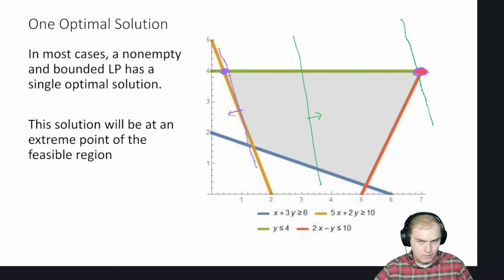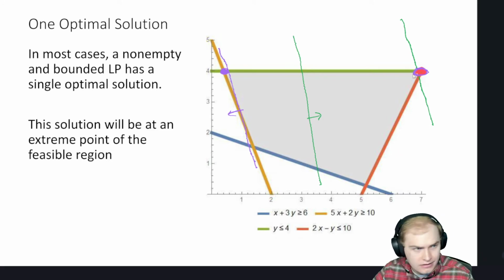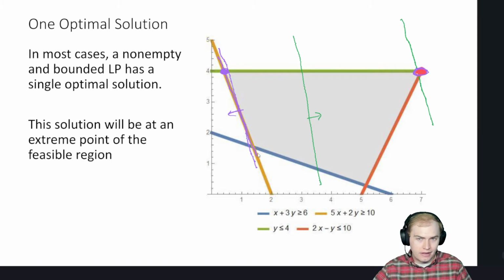Right? But as we tilt that objective to being closer and closer to parallel to that constraint, suddenly the last, or the maximal level curve that intersects the set is parallel to that constraint.